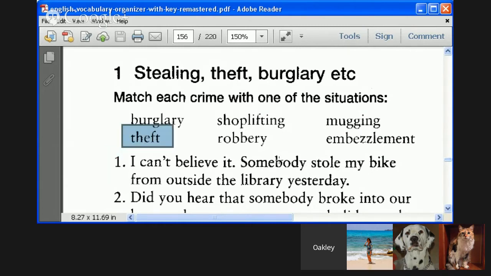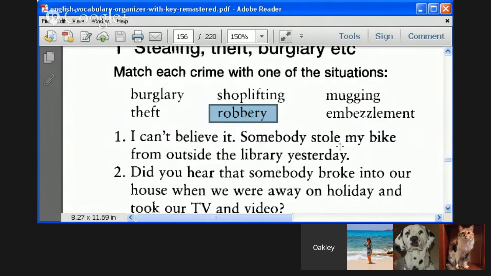Somebody's stealing something from you, but they're not breaking into a building or confronting anyone. Burglary is when somebody breaks into a building through a window or a door. Robbery is generally when somebody is confronted, such as with a weapon, and money is then stolen. If something's just stolen, that would probably be theft.